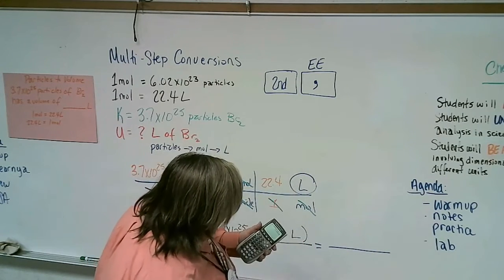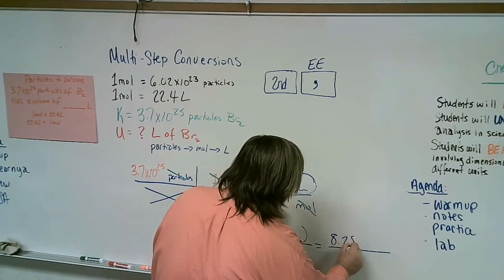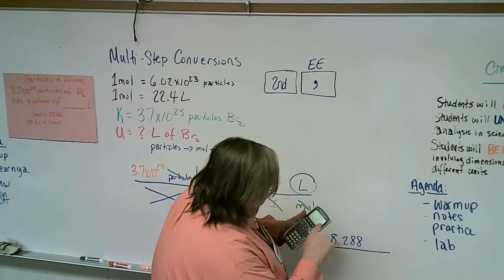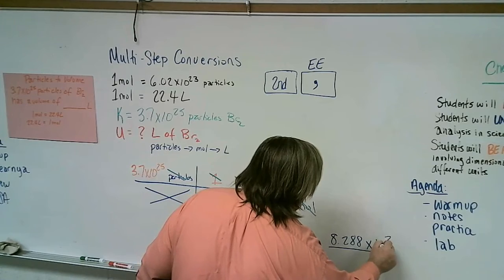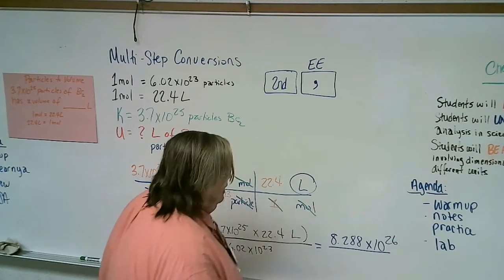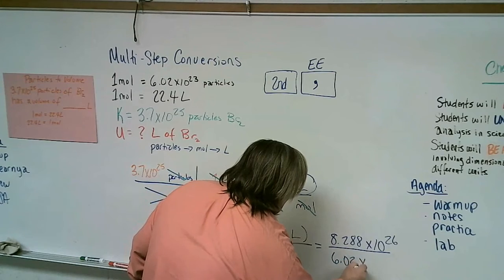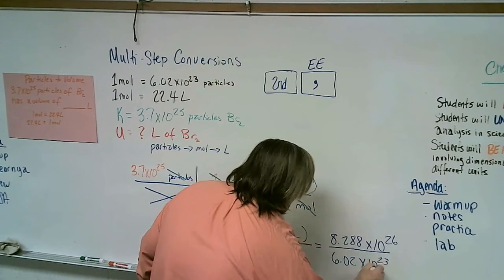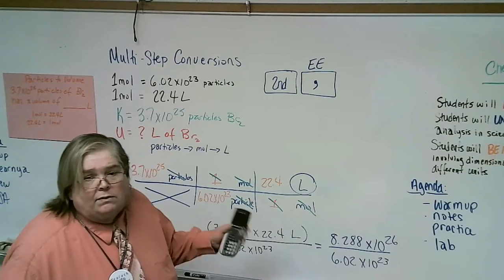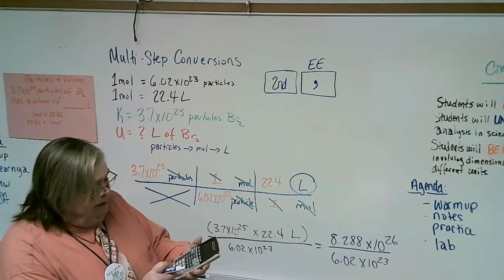When we hit equal, we got 8.288, and it says E26. Well, that's times 10 to the 26th power, over 6.02 times 10 to the 23rd power. So now all we have to do is divide.